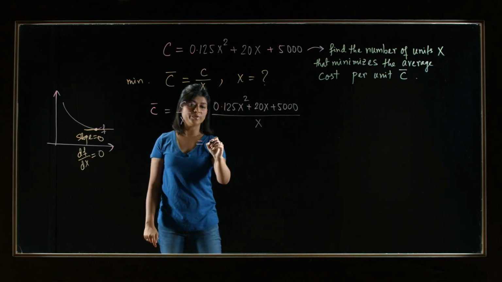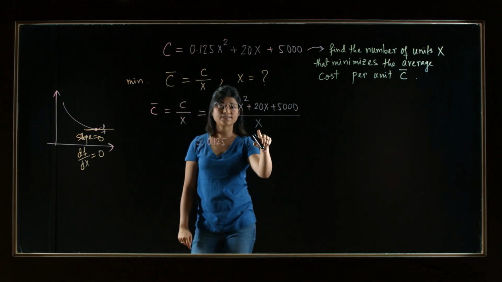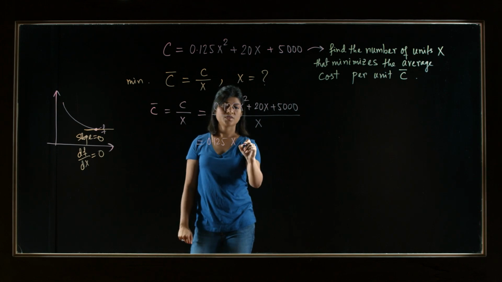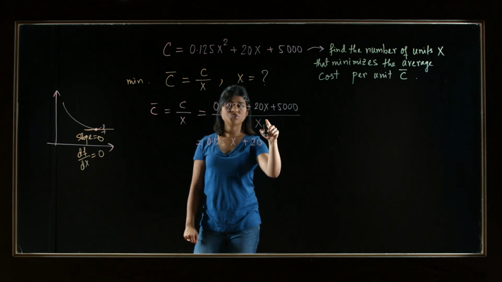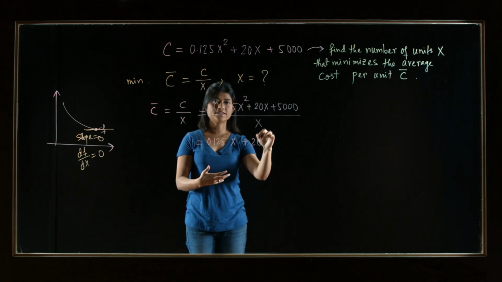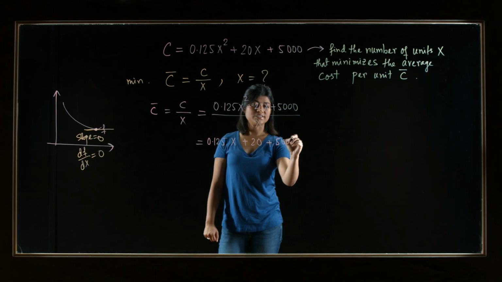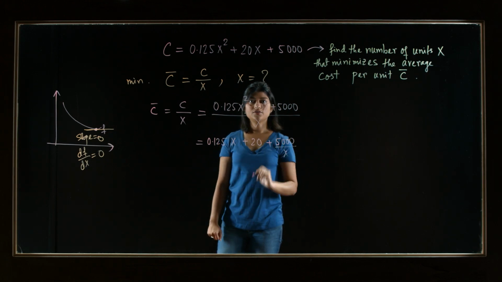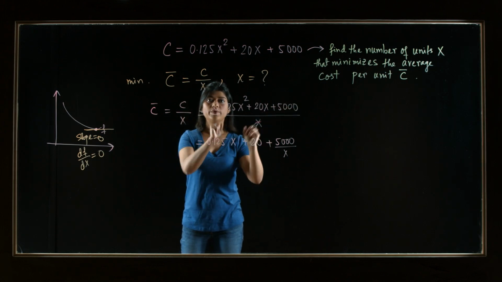So the first one will be 0.125 x squared over x, so that is just x. Then we'll have 20x over x, just 20, so no more x for that one. And then 5,000 doesn't have any x, so it will have an x in the denominator. So you're dividing each of these terms by x.